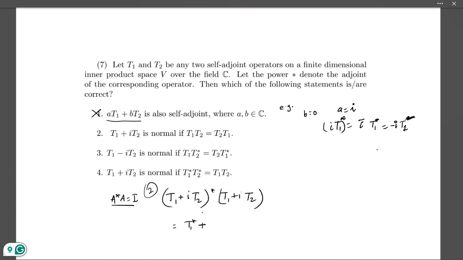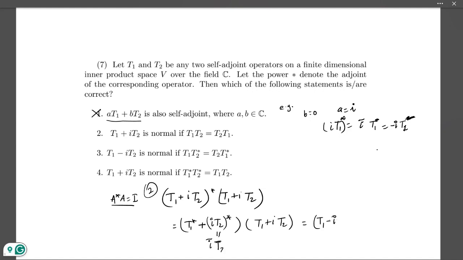Star is distributive. Now I T2 star, let me write it, I T2 star product with T1 plus I T2. Now plus T1 star, because T1 T2 are self-adjoint, so T1 star is just T1. But this will become, let me write directly, minus I. This is nothing but I bar T2 star.